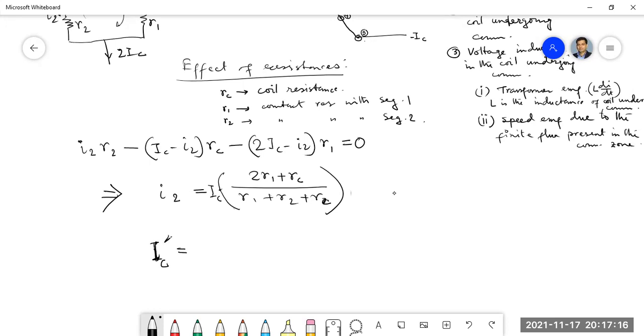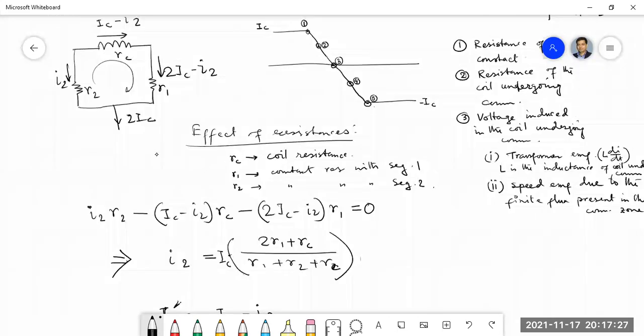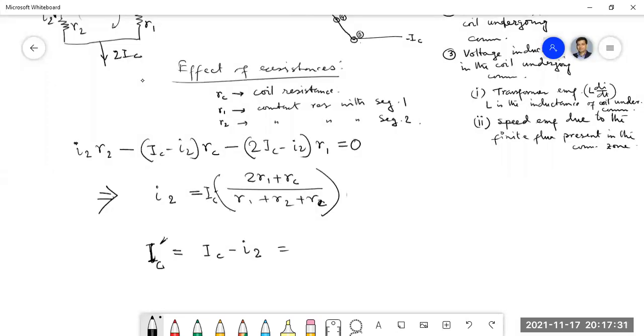What is the current flowing in the coil? IC minus I2, you see, the loop in the coil. IC minus I2, isn't it? So IC minus I2, what is I2? I2 is IC.